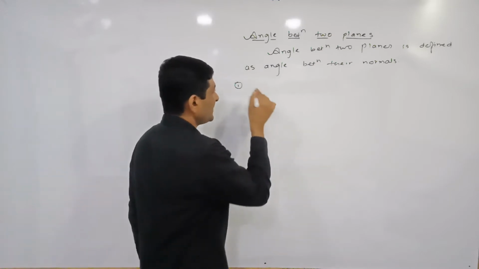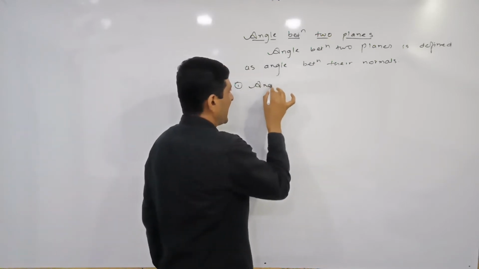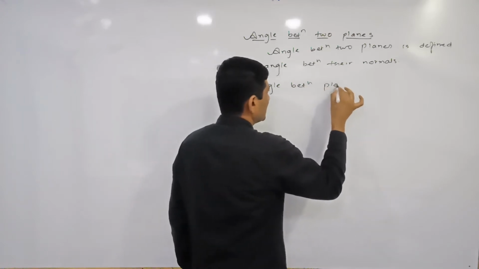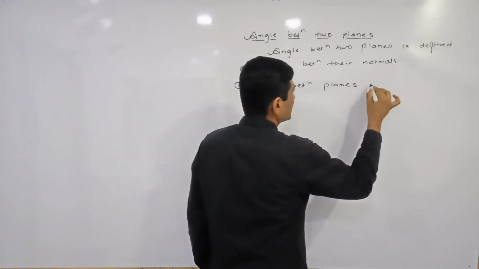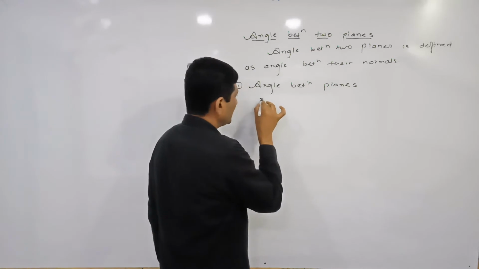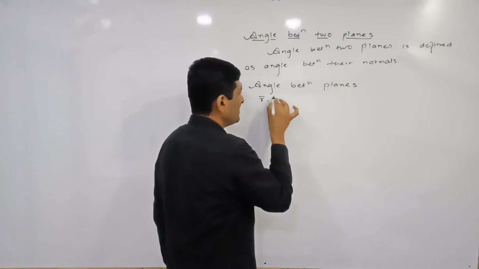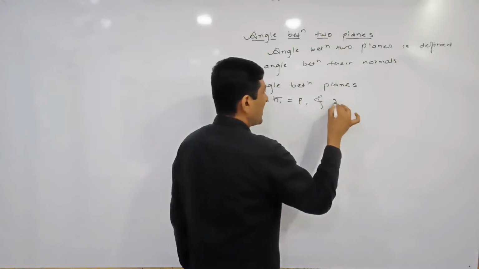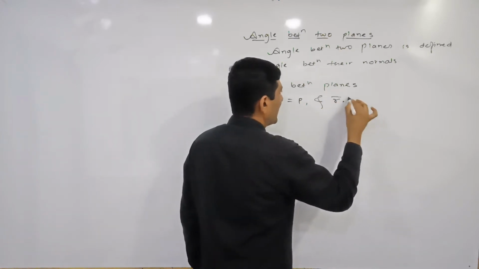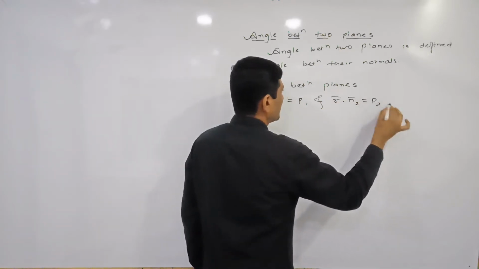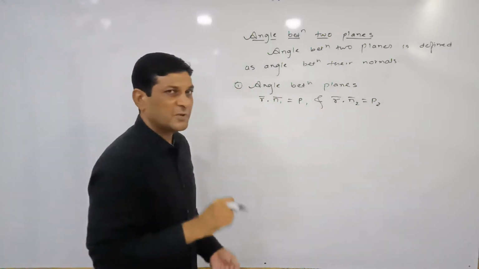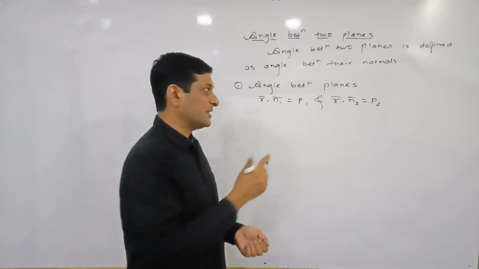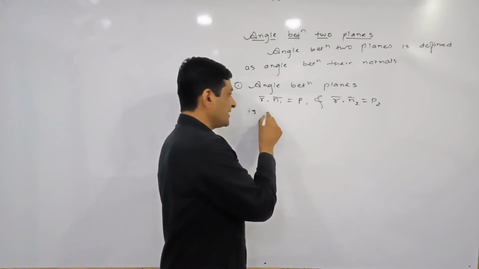So angle between planes r bar dot n1 bar is equals to p1 and r bar dot n2 bar is equals to p2. So let us suppose that these are equations of two planes, and we are discussing angle between two planes. So is given by.